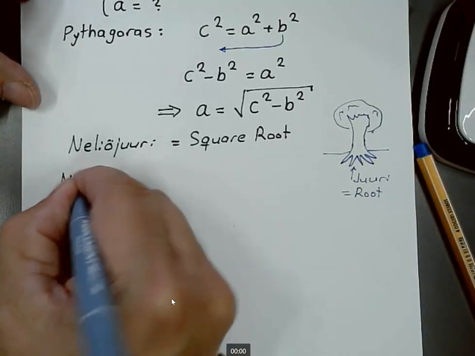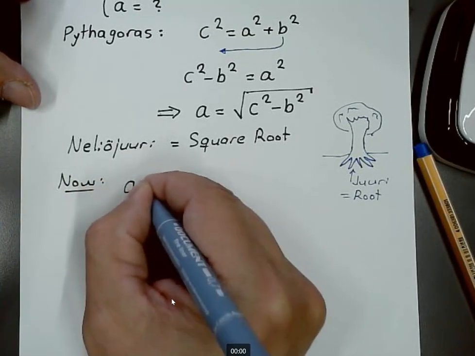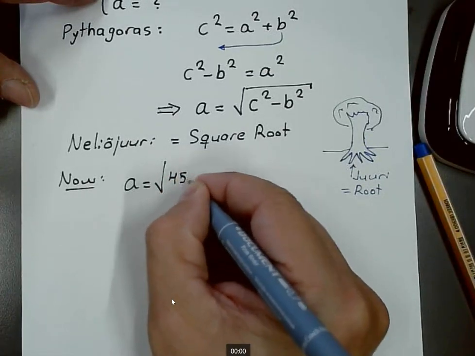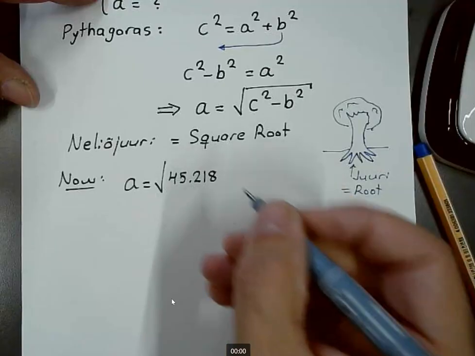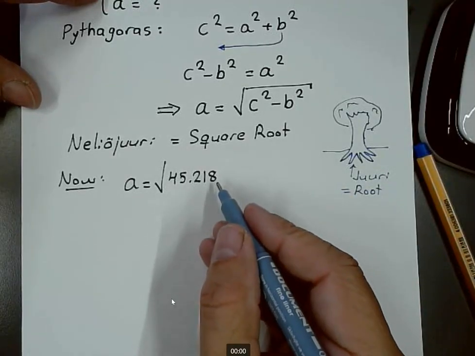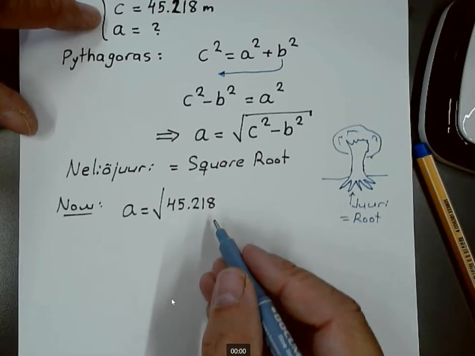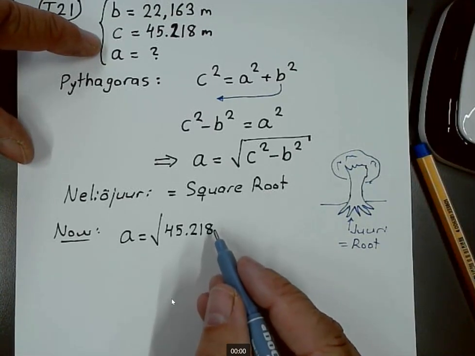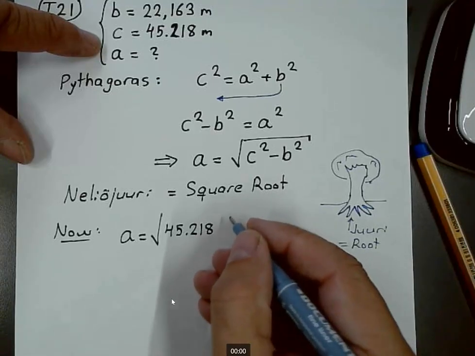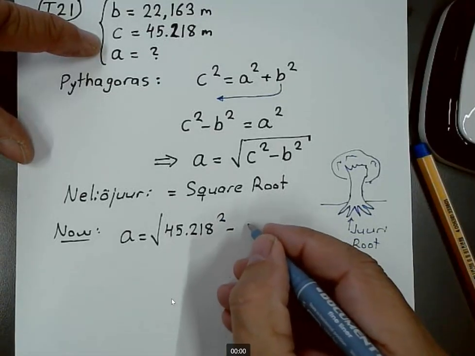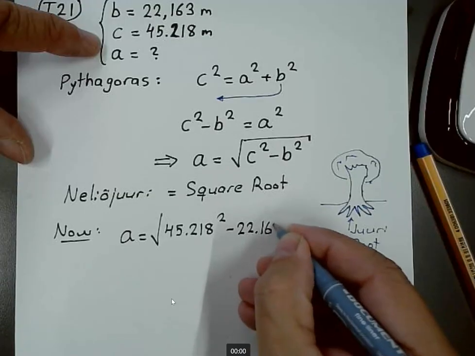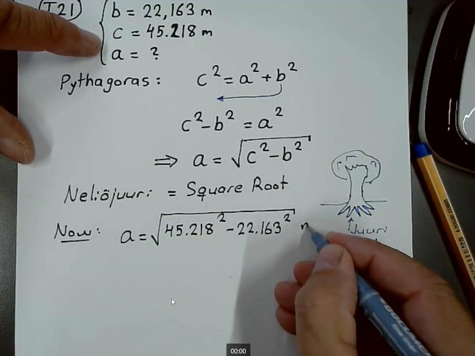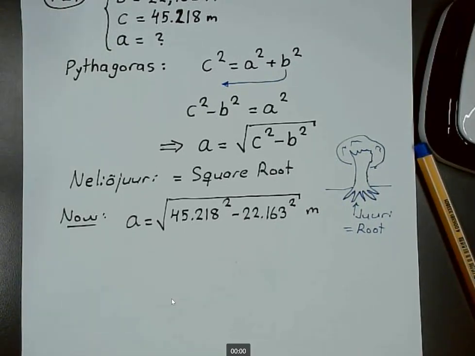So now A equals c squared. I won't write the dimensions or units here, I only write these numbers. C squared minus b squared, and then square root, and meter is the correct unit.